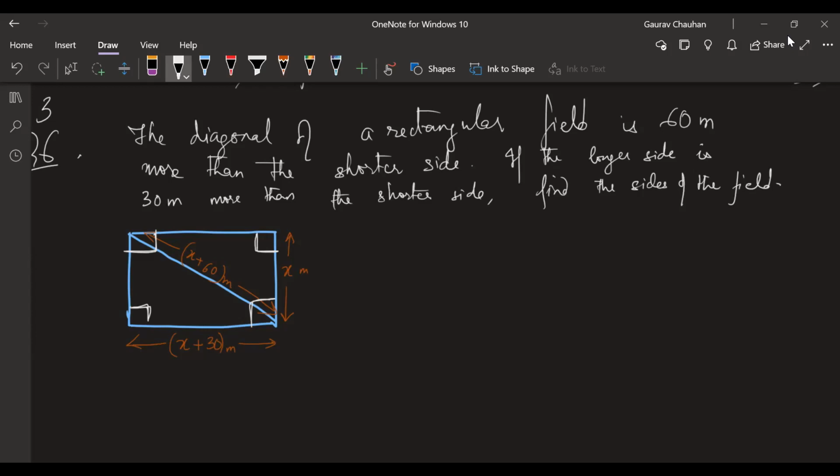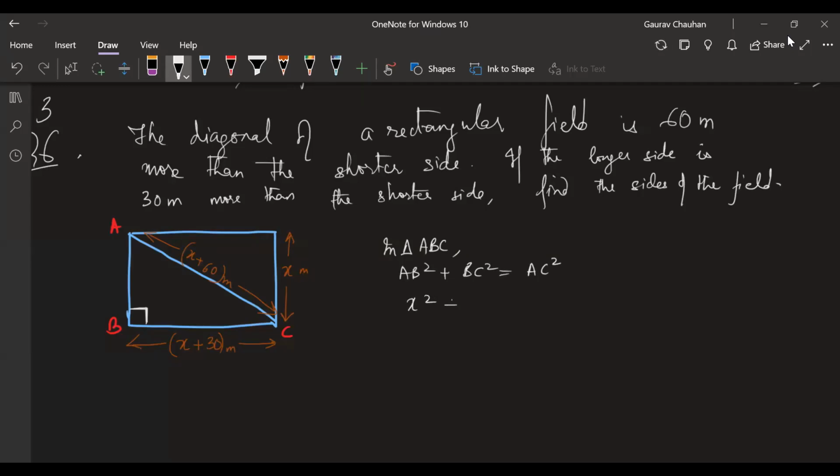Simple thing from 8th, 9th and 10th class quadrilaterals: in a rectangle, all the interior angles are 90 degrees, which means this angle is also 90 degrees. Which means in triangle ABC, I can apply Pythagoras theorem. That is AB square plus BC square is equal to AC square.